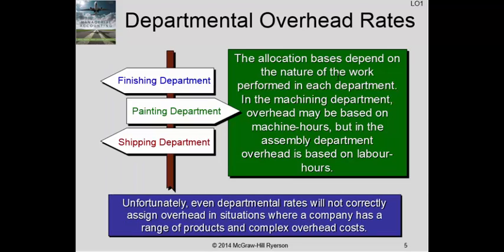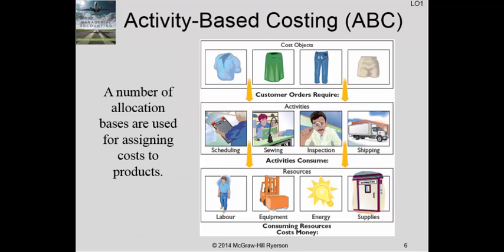So we did look, as I said earlier off the top, at departmental rates. So a separate rate for each department. But while that's usually an improvement over a single plant-wide rate, it still isn't necessarily going to give you the accuracy that you want. And this is where activity-based costing was basically born.